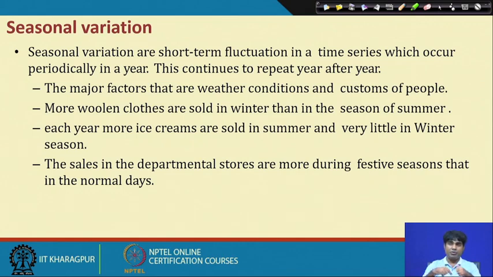Like in the last slide, there are ups and downs, and if you go for quarterly data, you will again find ups and downs. The seasonal variations are short term fluctuations in a time series which occur periodically in a year. This continues to repeat year after year. The major factors are weather conditions and customs of the people, like woolen clothes during winter seasons and summer clothes during summer times.